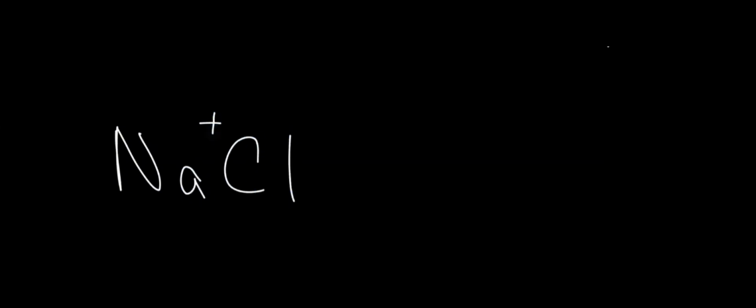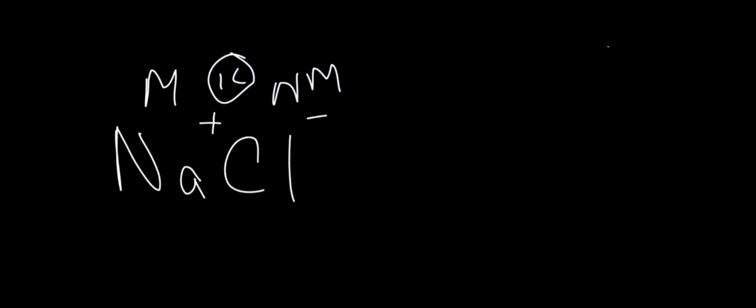Na is a cation and Cl is an anion because Na wants to lose a valence electron while Cl wants to gain one. Sodium is a metal and chlorine is a non-metal, so they form an ionic compound. In this situation, the first name stays the same.